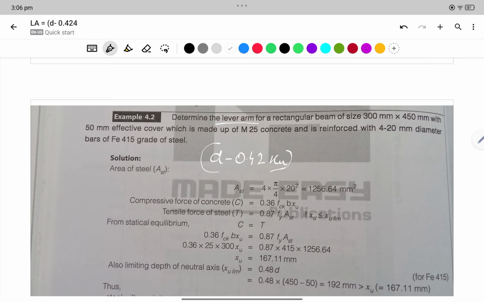For XU we have to find the XU limiting first, and then XU. For XU calculation we need the Ast value also. The beam size and cover are given, fck is 25, the dia of the bar is given, and Fe 415 is given. So let's start.